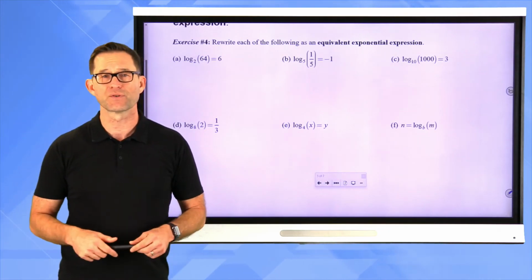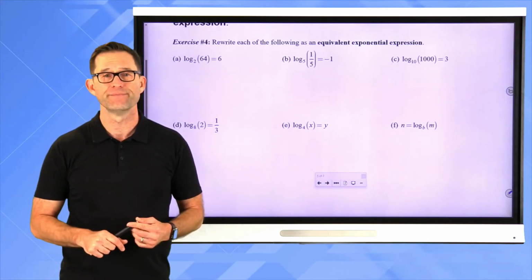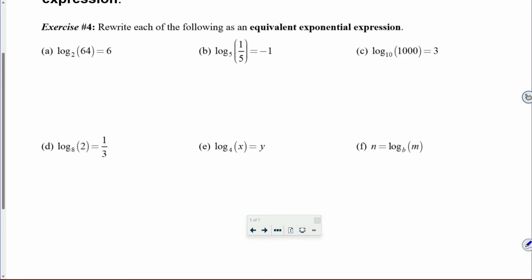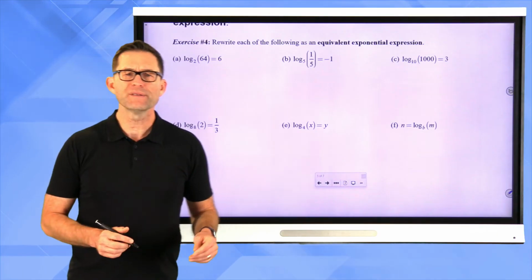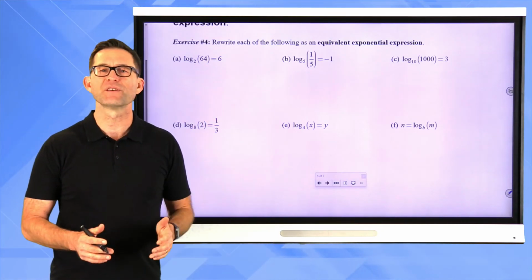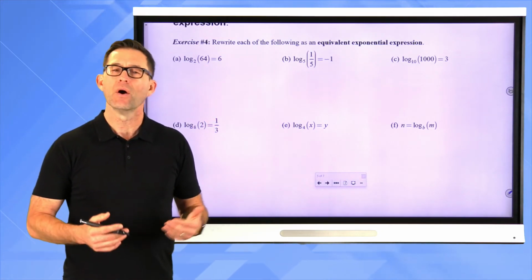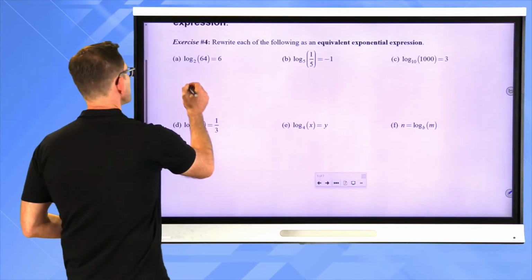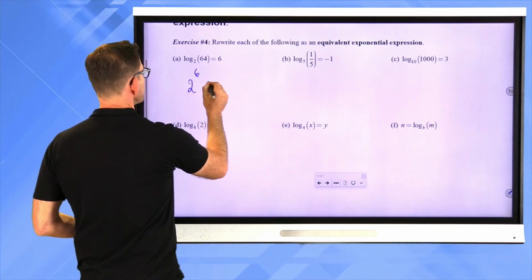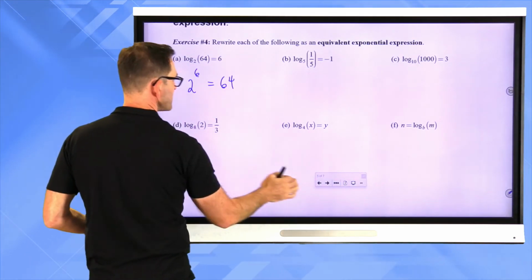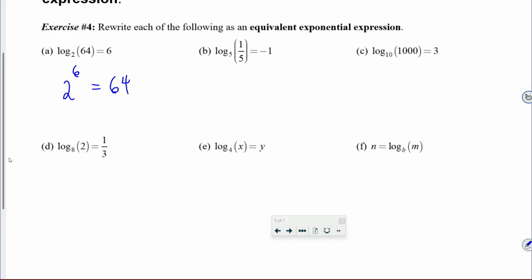Let's take a look in exercise number 4 about what I mean. Rewrite each of the following as an equivalent exponential expression. Letter A, the log base 2 of 64 is equal to 6. So what is this telling you in terms of an exponential expression? Well, what it's telling you is that you must raise 2 to the 6th power in order to get 64. All right?